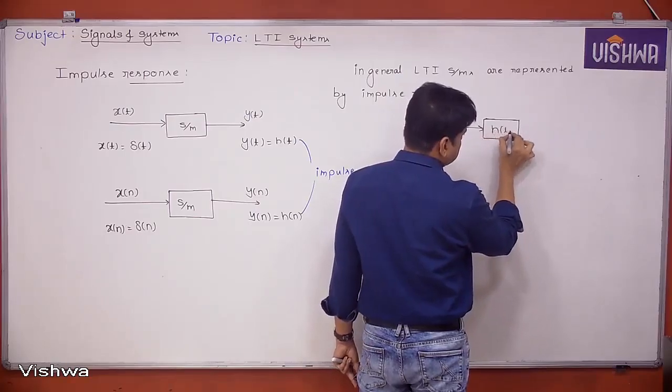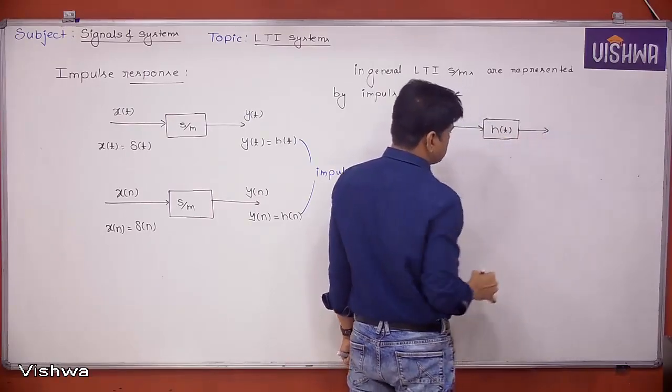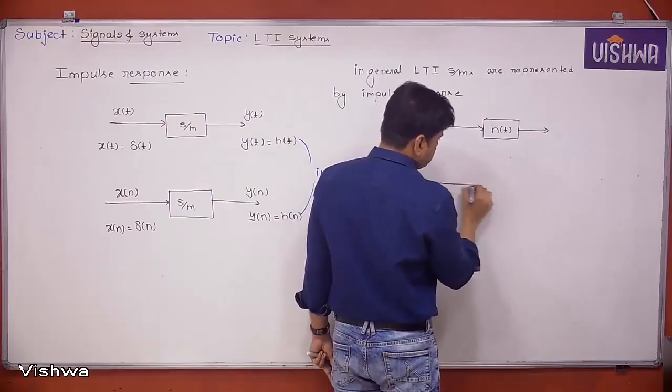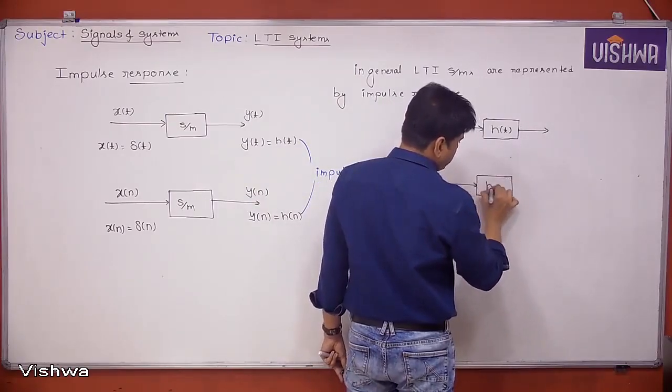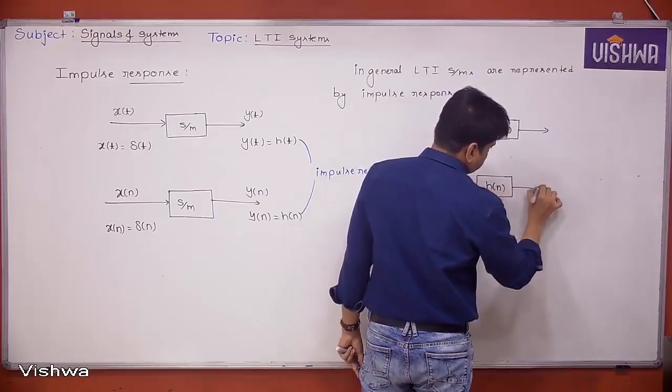This is the representation of LTI systems using h of t. If it is a discrete time case, they will show it as h of n. Okay, take it.